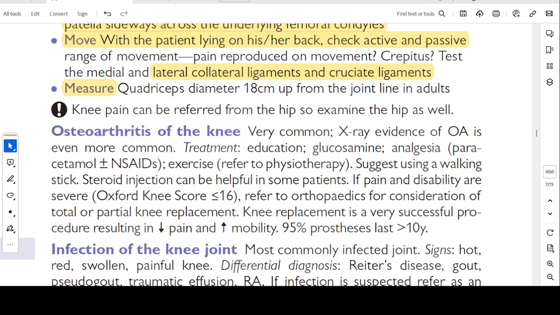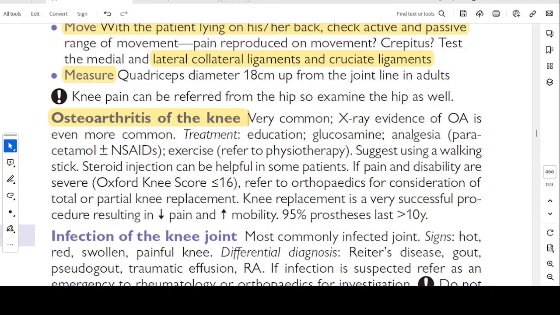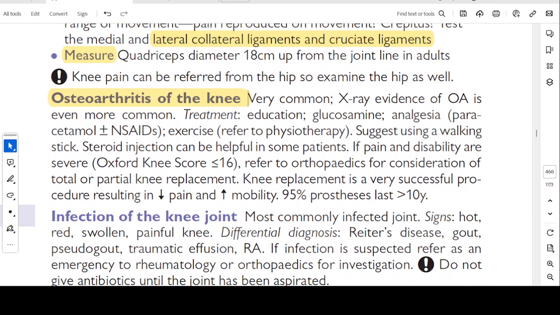Measure the quadriceps diameter 18 cm up from the joint line in adults. Knee pain can be referred from the hip, so examine the hip well. You check this diameter bilaterally, and if there is any wasting on one side, that is also something you need to evaluate.